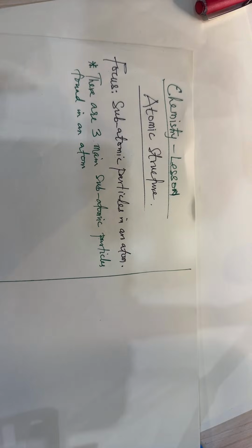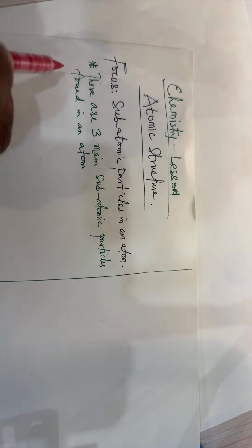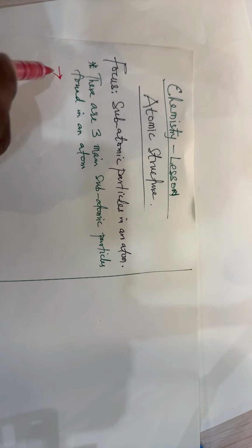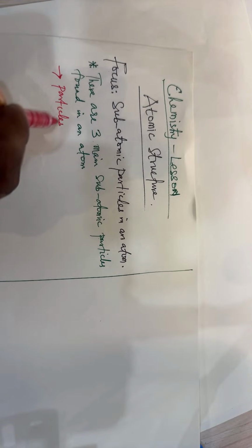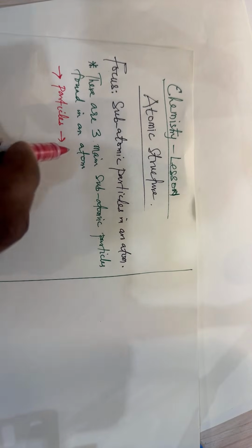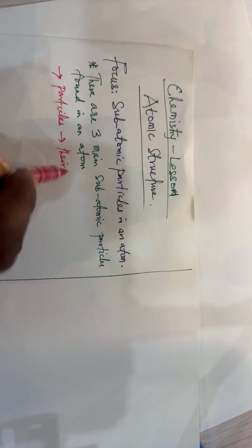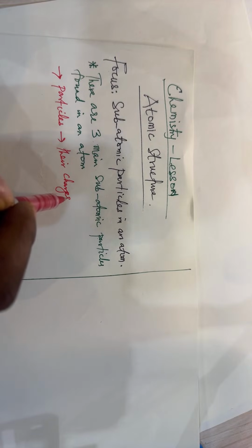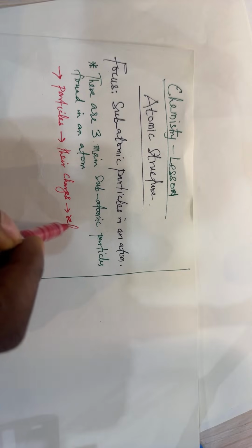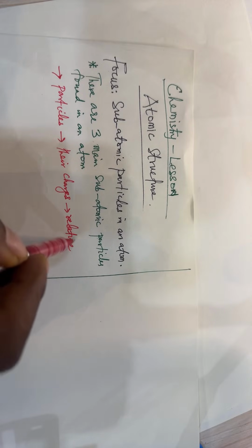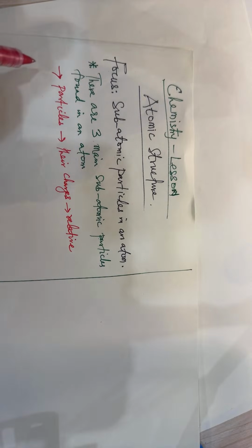I will show you the particles. There are three things I'll be showing you. I'll be showing you the particles. I'll also be showing you their charges, and also their relative mass.